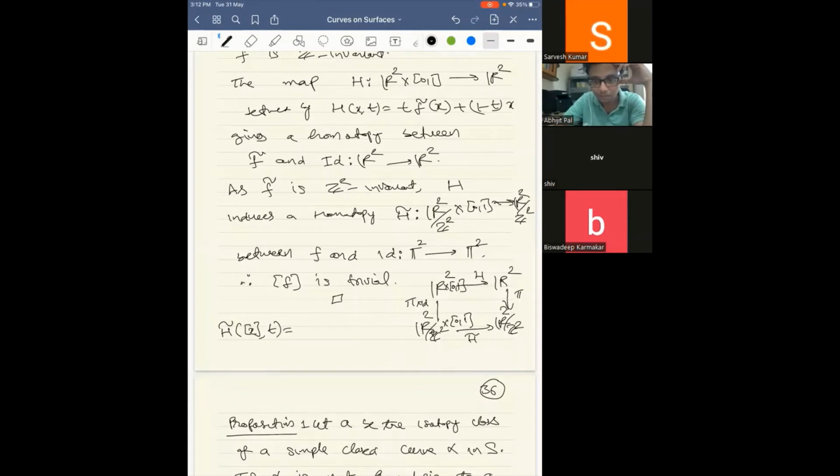This will be simply pi of pi cross identity, so this is simply H of pi of X. No, wait. Pi compose H, right? Wait.